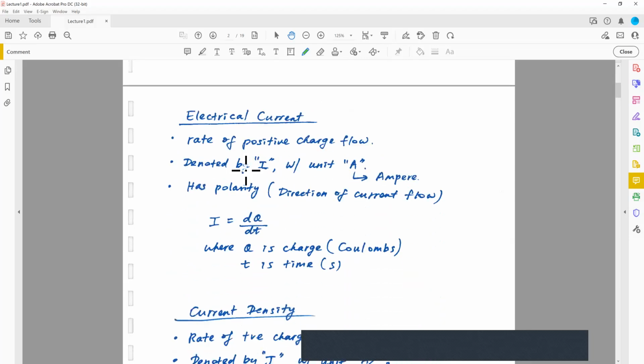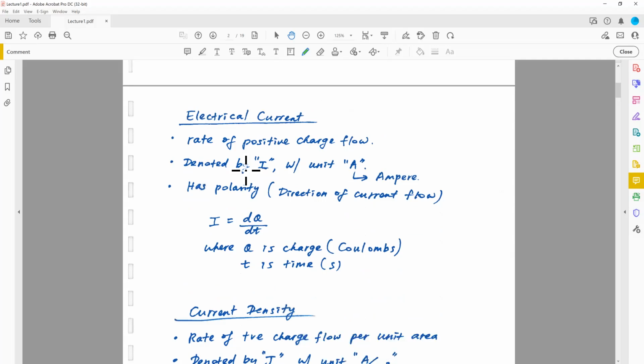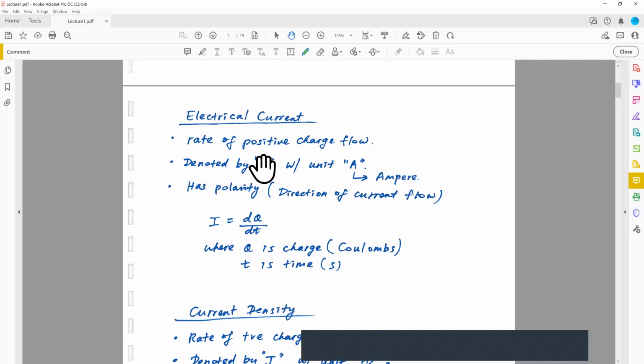So, electrical current. An electrical current is defined as the rate of positive charge flow. This electrical current is denoted by I, and the unit associated with this current is ampere, and we usually use A for that.